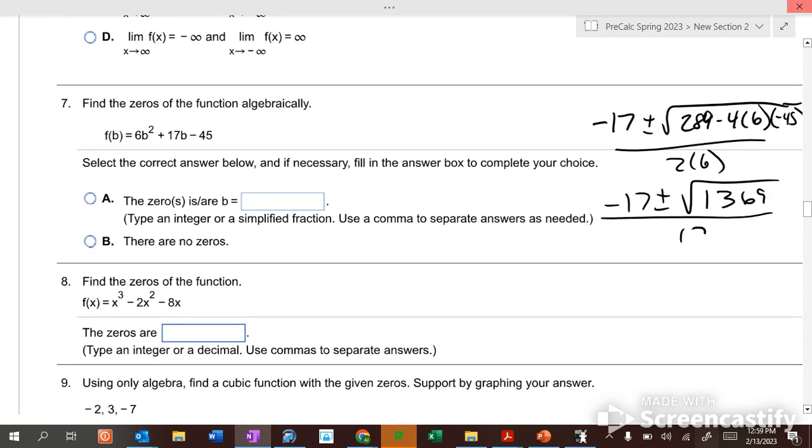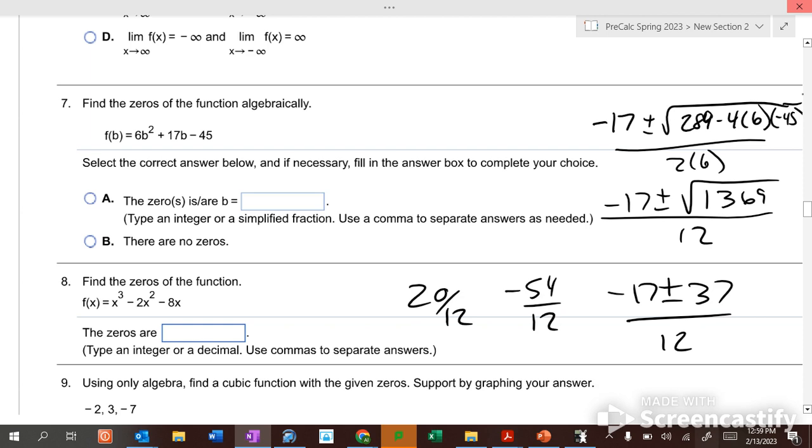1,369 over 12. 1369 is a perfect square, I think. What's the square root of 1369? 37. So negative 17 plus 37, so you get 20 over 12. If you subtract these, it's negative 54 over 12.